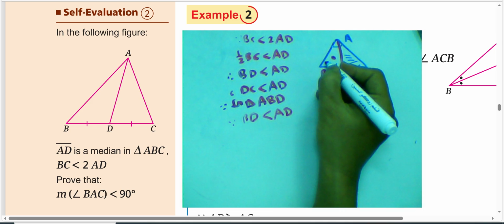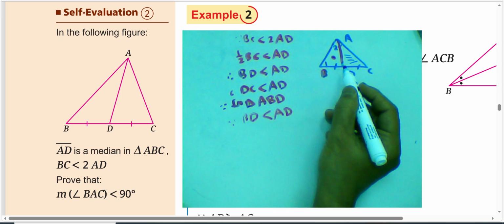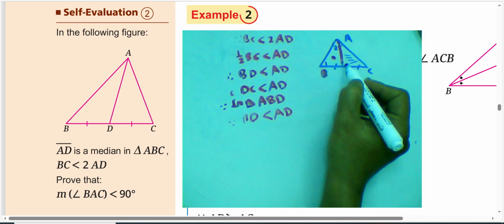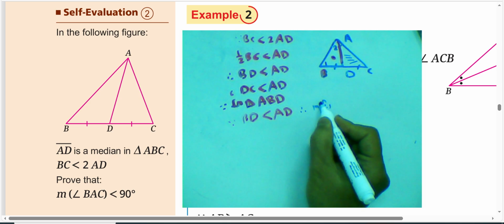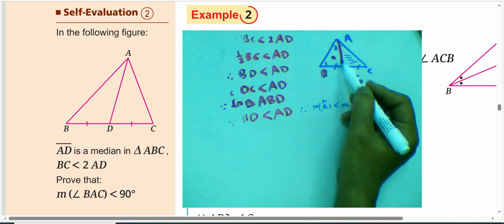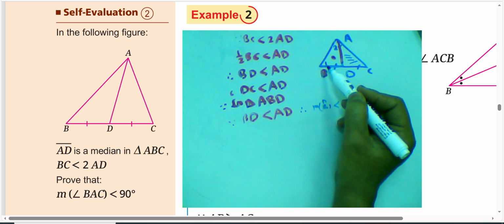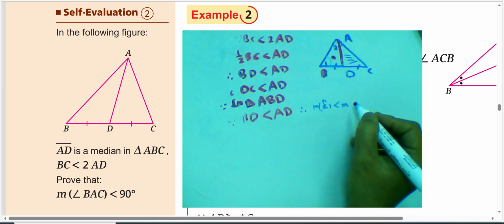I will put this angle 1 and this angle 2. Listen, BD is less than AD, then the opposite angle of BD, the measure of angle 2, is less than the opposite angle of side AD, angle 1. Angle 2 is less than the measure of angle 1.